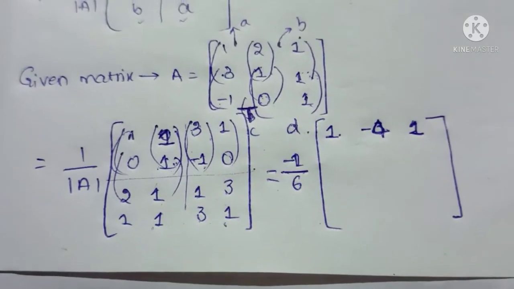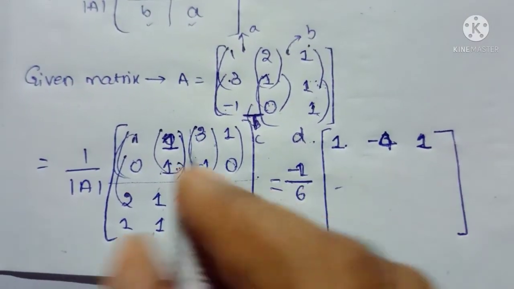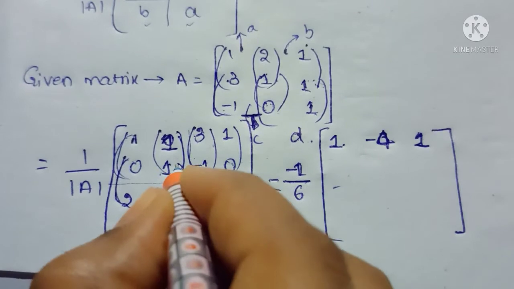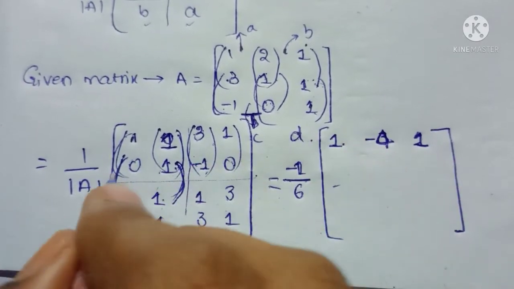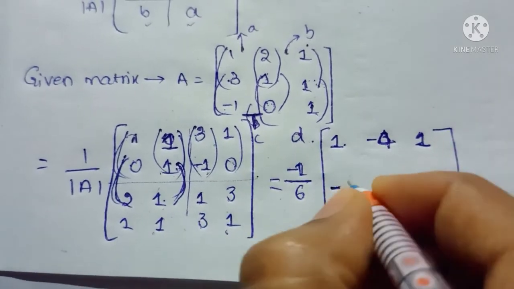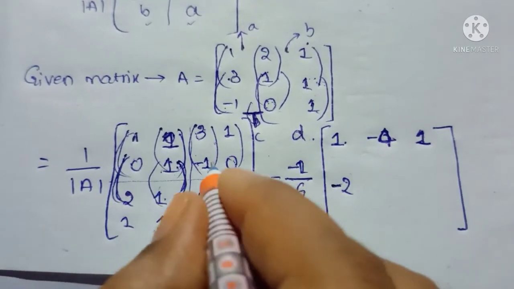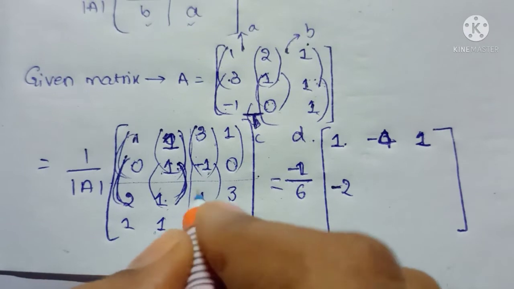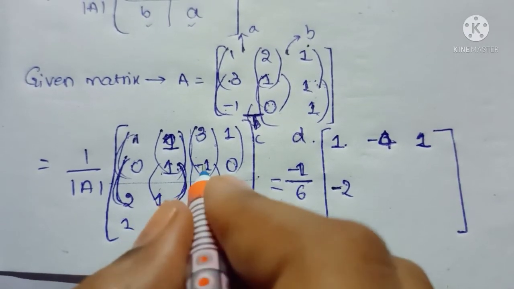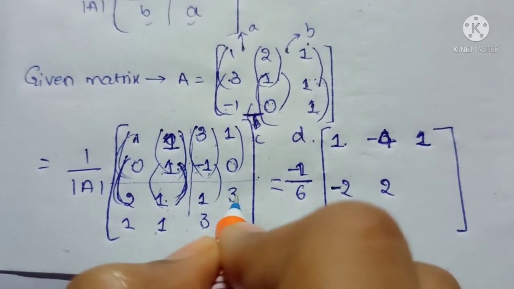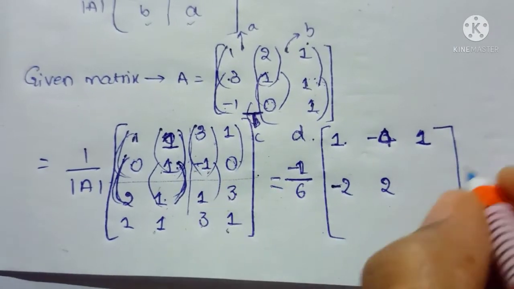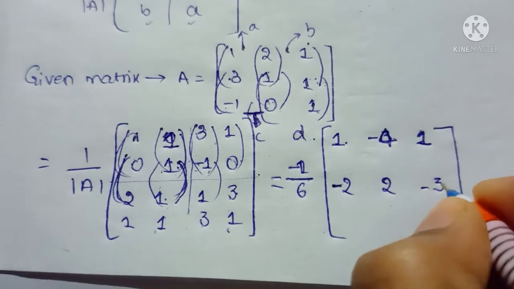Now coming to this position, you find the determinant of this matrix. 0 minus 2 gives -2. Similarly here 1 into 1 minus 1 into 1 gives 1 plus 1, which is 2. Here -1 into 3 minus 3 plus 0 gives -3.